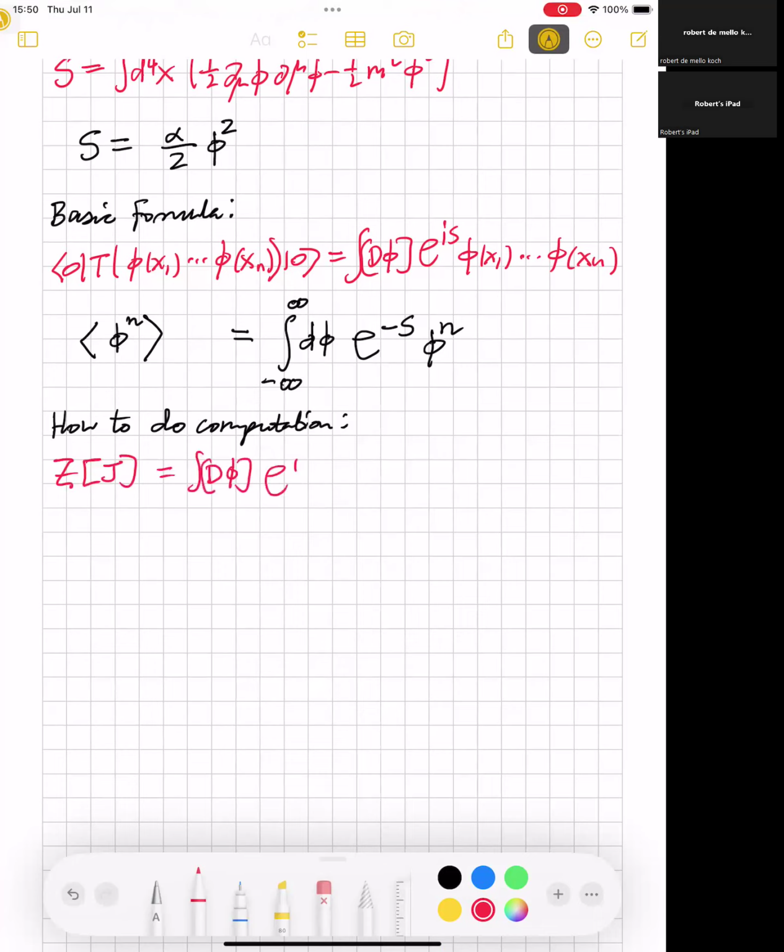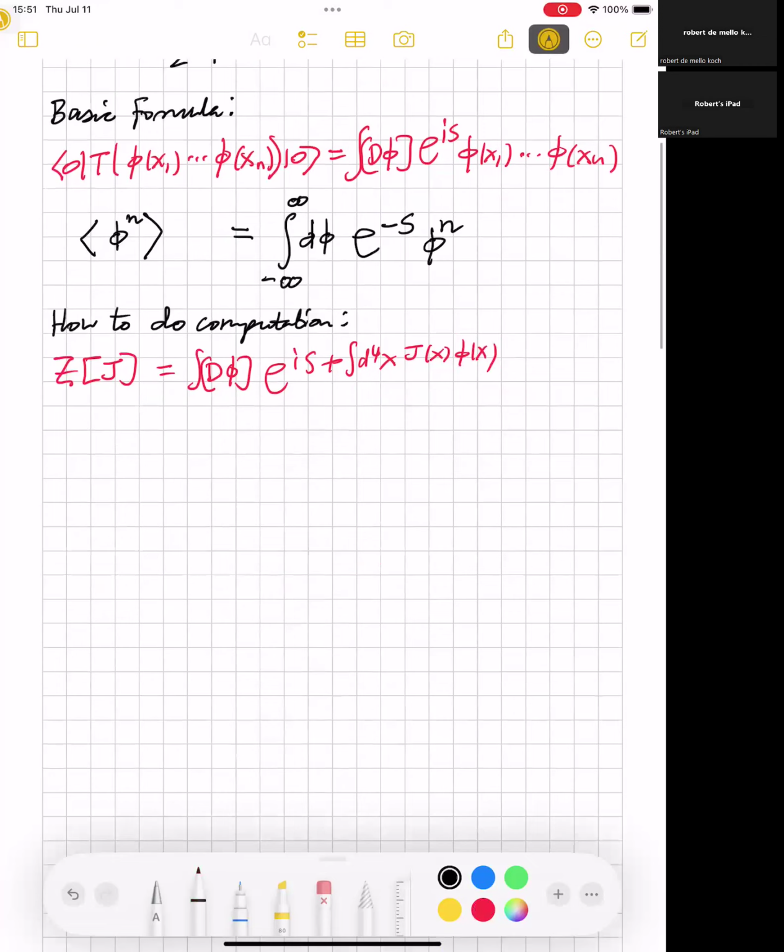We had an e to the iS, and then we had plus an integral d4x J of x phi of x. And if you remember, we generated our correlation functions by taking functional derivatives of Z of J with respect to J, and then setting J equal to 0.